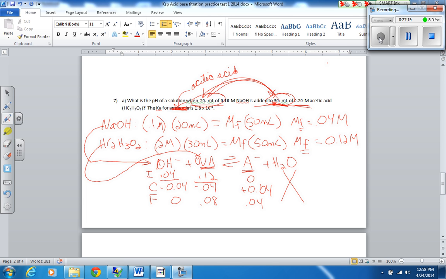Okay. So I need to do an ice box. And I'm going to do a Ka ice box. So I will write what the weak acid is. It's acetic acid, HC2H3O2. You should know from the last chapter, Kas, it's always the acid plus water makes, what do we always make? Hang on, someone else.